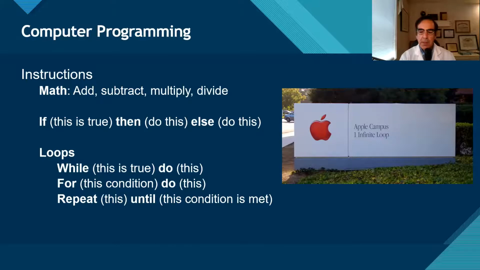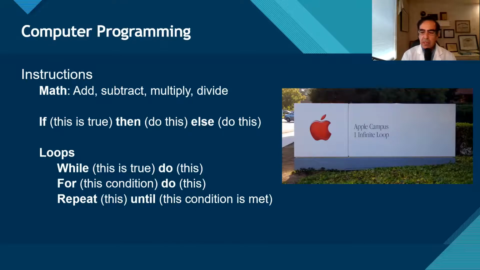Okay. Now, if you look at the address for the original Apple campus, they had a little bit of humor in their address. They called it One Infinite Loop. An infinite loop is a bad thing when you're doing programming. An infinite loop means you are doing a loop such as while this is true, do this, or repeat until this condition is met.